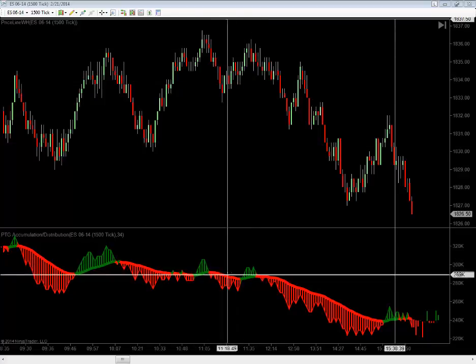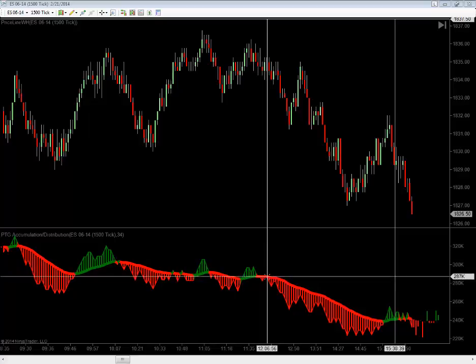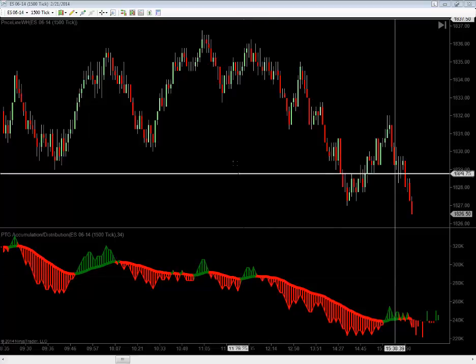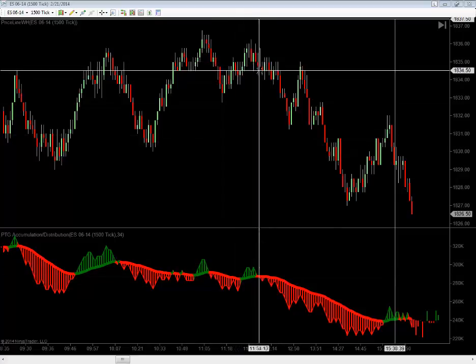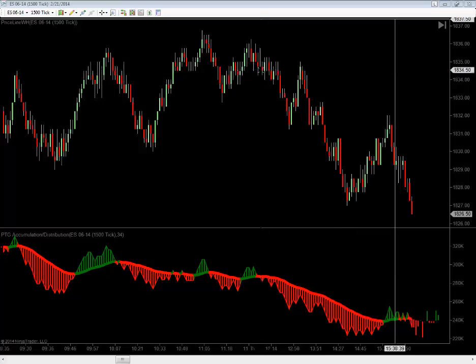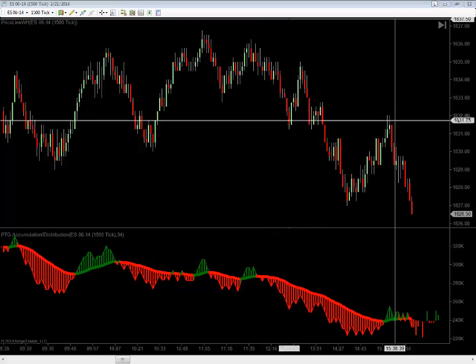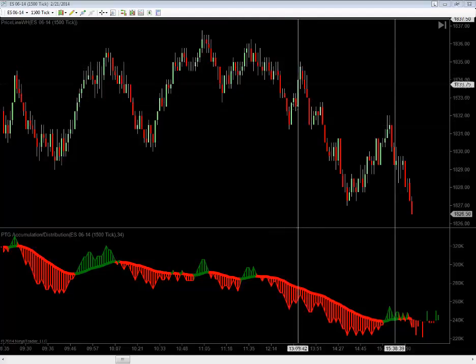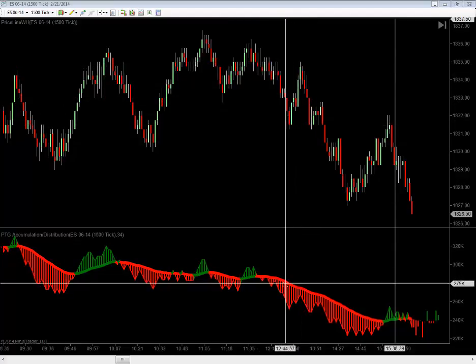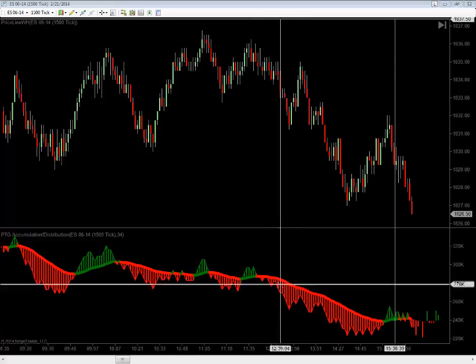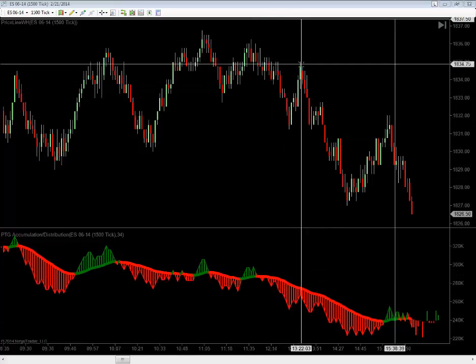The average accumulation distribution shows more distributive price action in this price region up here than there is accumulation. And one last one, price pushed down, bounced back up, and this was a clear sign that all the smart money was actually selling this particular price bounce here.